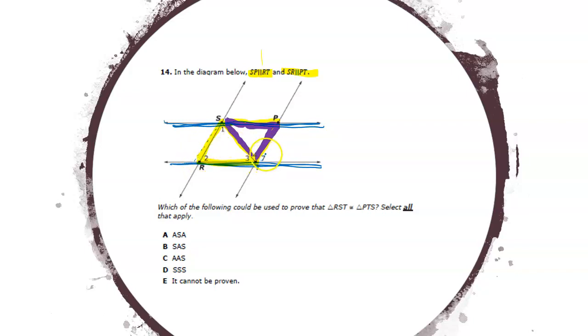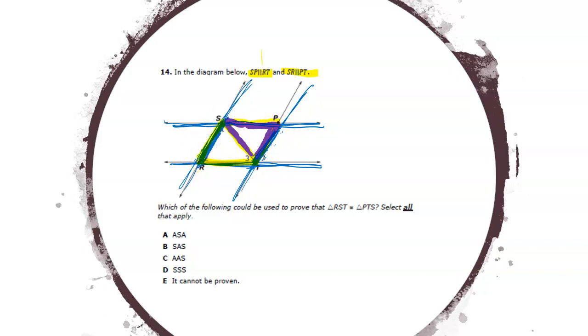This side is going to be the same as this side. We can also see the same thing going this way, that we also have parallel lines here, which again are going to be equidistant. So that means this line and this line are congruent to one another.